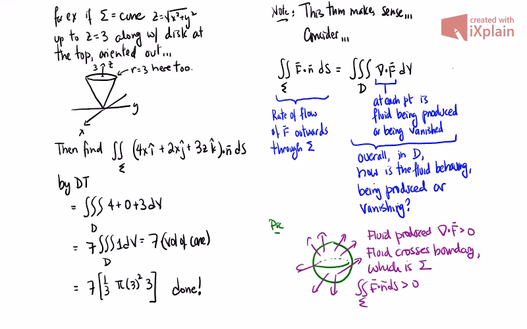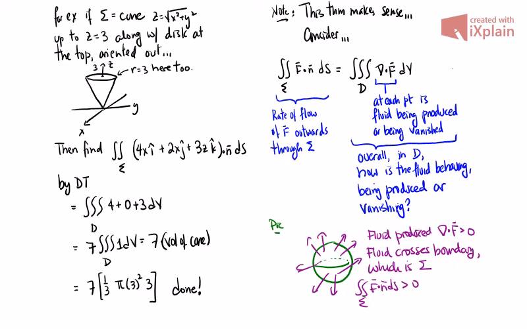So again, it's very intuitive. It's not technical. I don't want to bring any units into it, but it gives you an understanding that on the left-hand side, you're measuring the flow across the surface. And on the right-hand side, you're measuring what's happening to the fluid inside the object. So clearly, if fluid is being produced inside the object, on the whole, it has to flow out across the boundary.